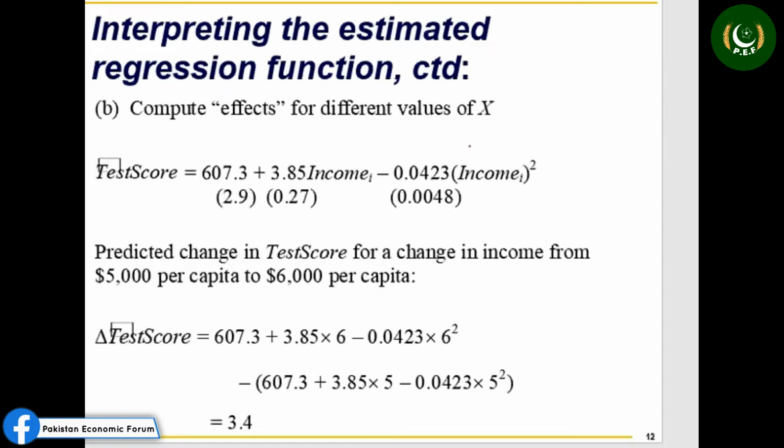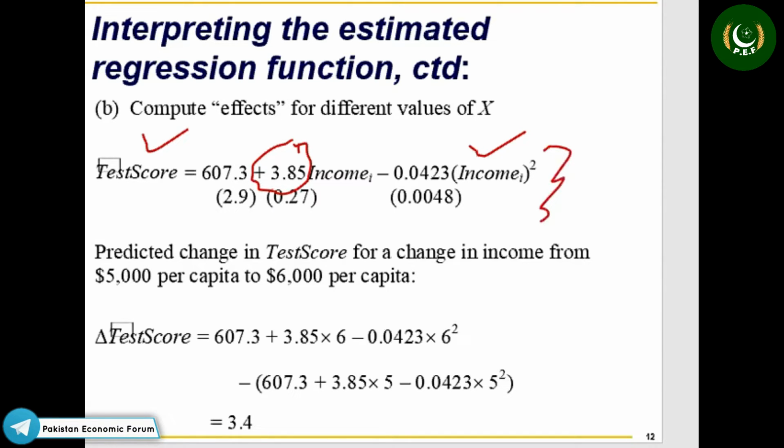You have income square here. Now this variable is basically making a difference in interpretation. Previously we were saying that if your income goes from 5 to 6, 25 to 26, 35 to 36, your change in test score was only 3.85. But now this term is making all the difference, because this will be 6 square minus 5 square.